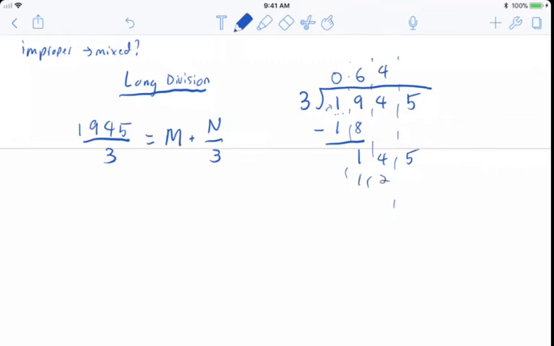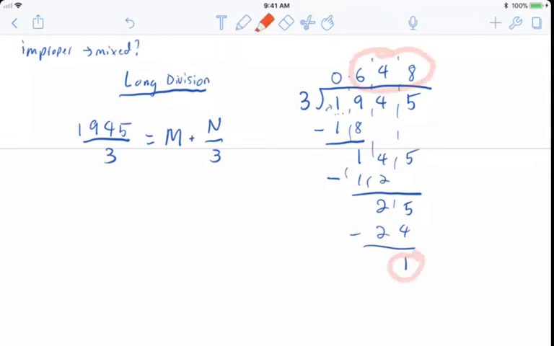I'm going to subtract those. 25. What's the largest multiple of 3 that's smaller than 25? It's 24, so it's times 8. 24 minus 25 gives 1. This gives us two new numbers. It gives us this one and that one.